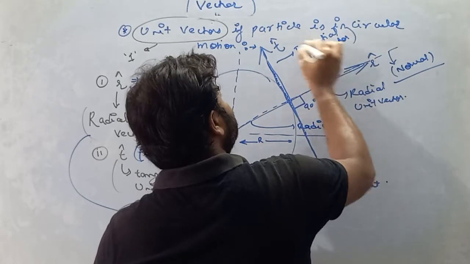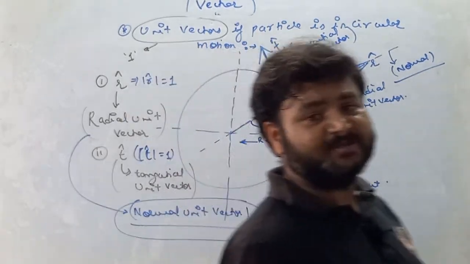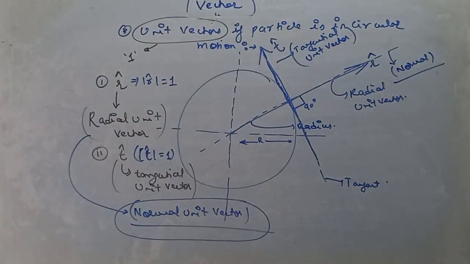So we have two different types of unit vectors when we are talking about circular or rotational motion: the radial unit vector, also called the normal vector, and the tangential unit vector, which lies along the tangent line.